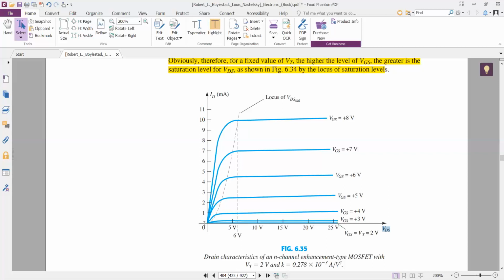As we increase the VGS, the saturation level of current goes on increasing.